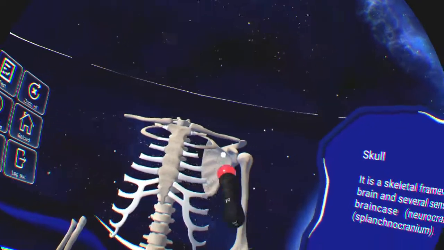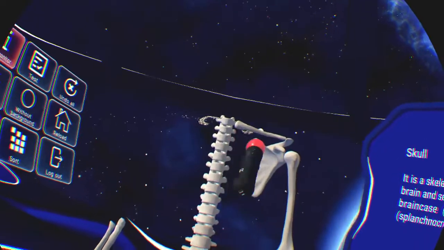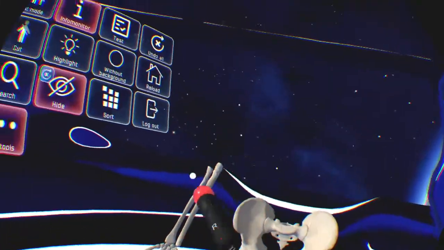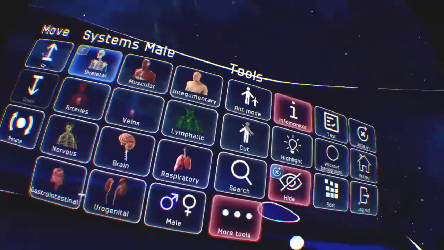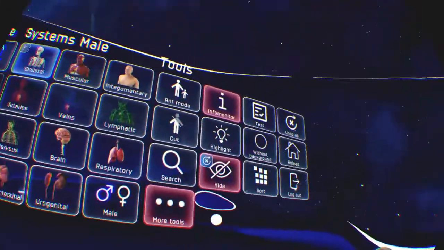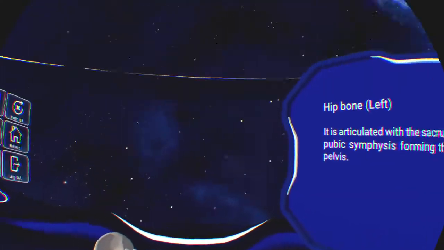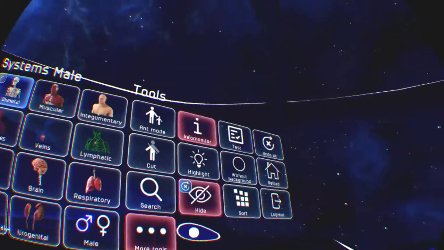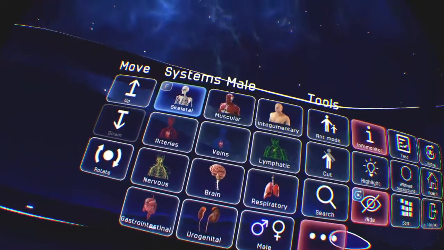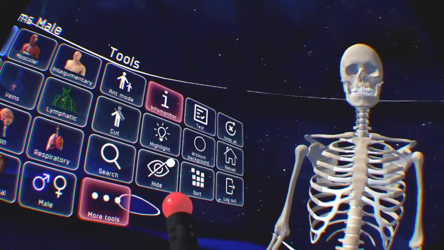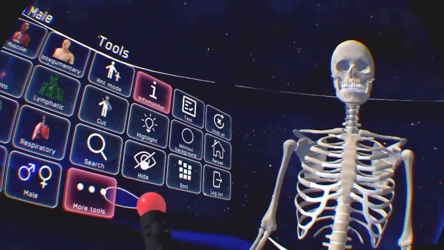Just erase all this stuff here. Gone, gone, gone. Hip bone is fine. Oops. How do I undo that without undoing everything? I should have done that.